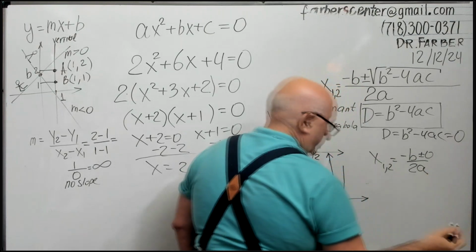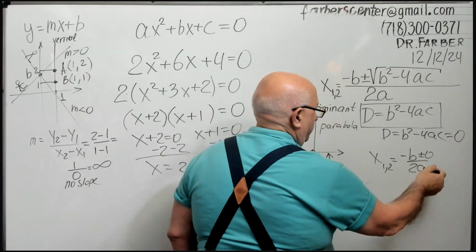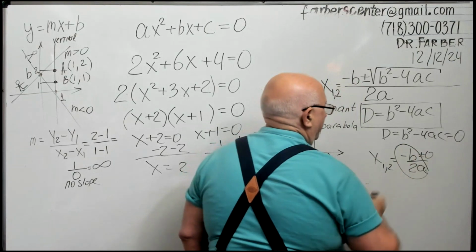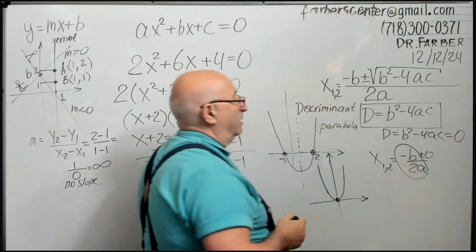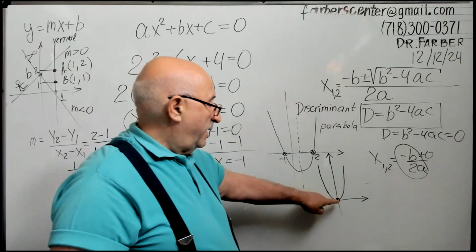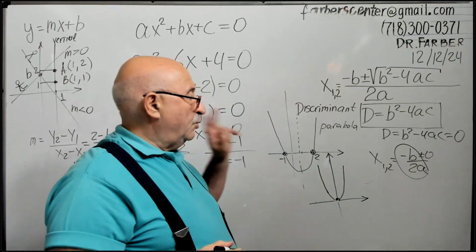So in any circumstances, you have only one value. Again, when the discriminant equals 0, we have two the same roots.